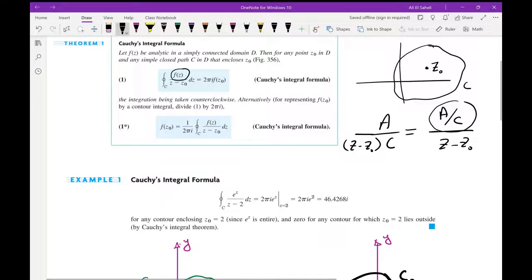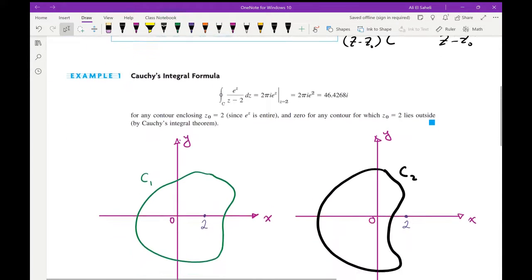Okay, example. Let's say you want to find the integral along any closed contour, okay, so it doesn't matter what closed contour we are integrating along, only one fact matters.